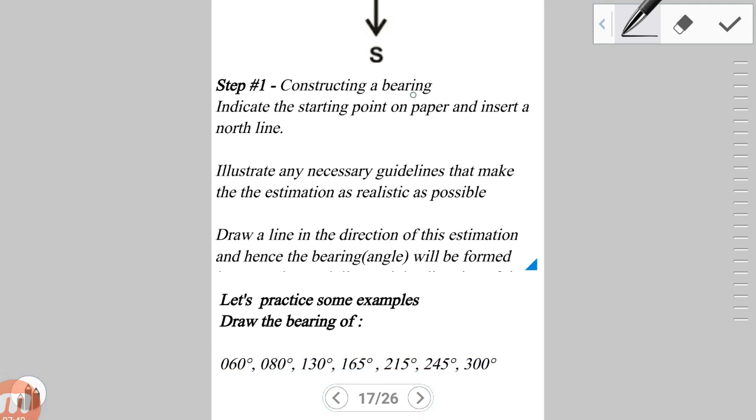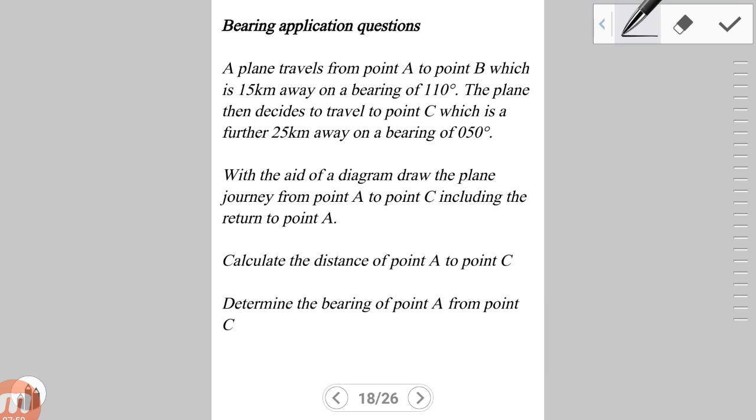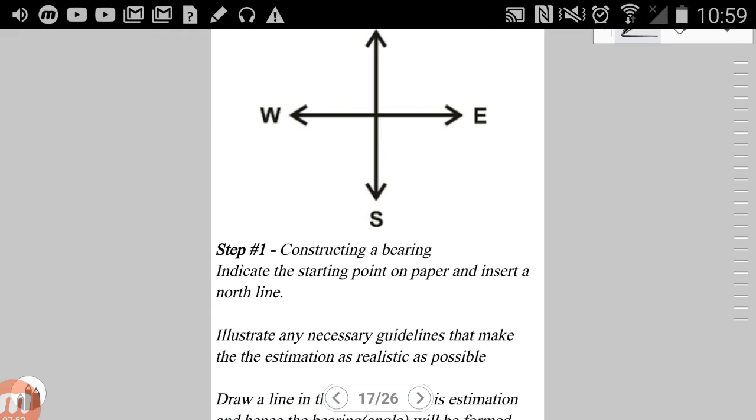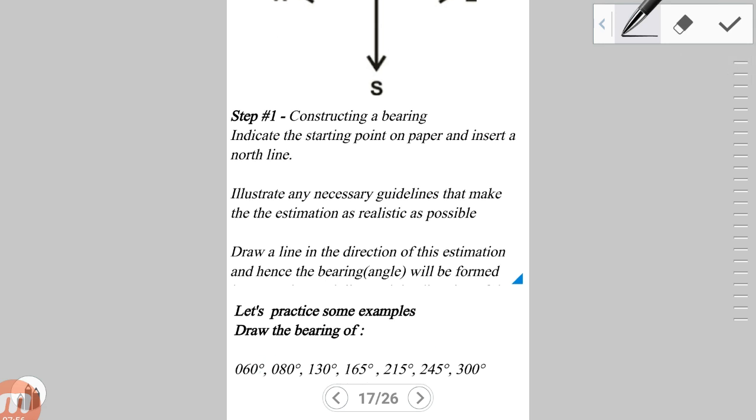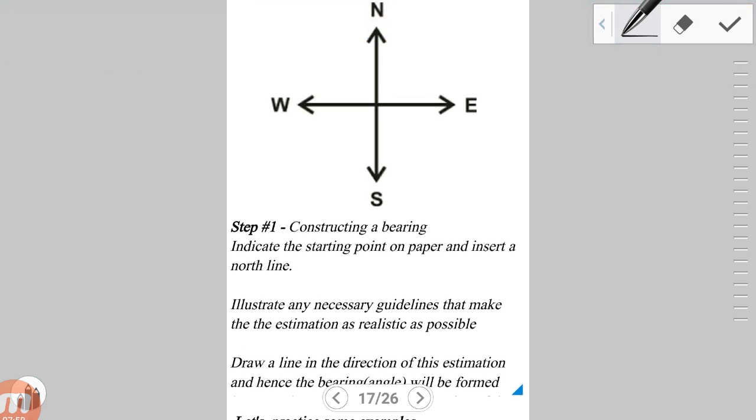All right, so just to put this into more perspective, let's look at some examples of how to structure the following angles: 60 degrees, 80 degrees, and 130. We're going to be doing it on here. So for the first example, 60 degrees, I know that 60 degrees is obviously going to be less than 90, and greater than 0 degrees, so it's going to be somewhere in between here.